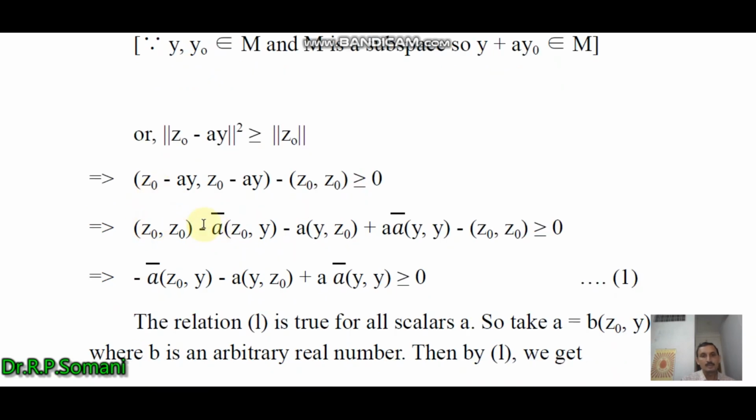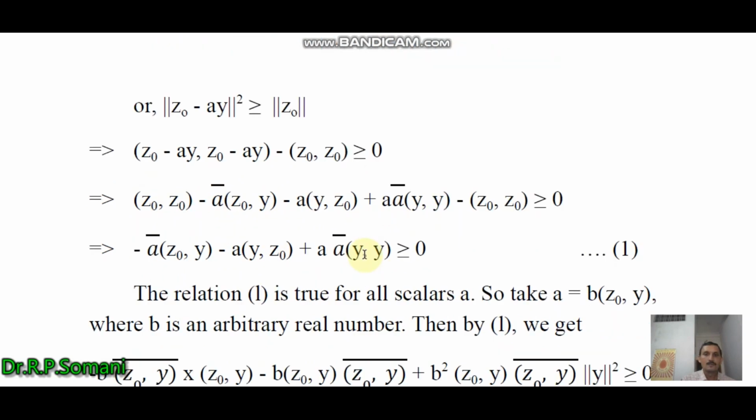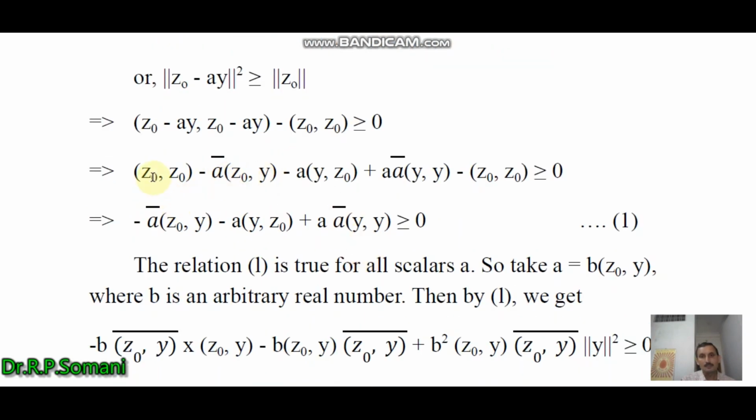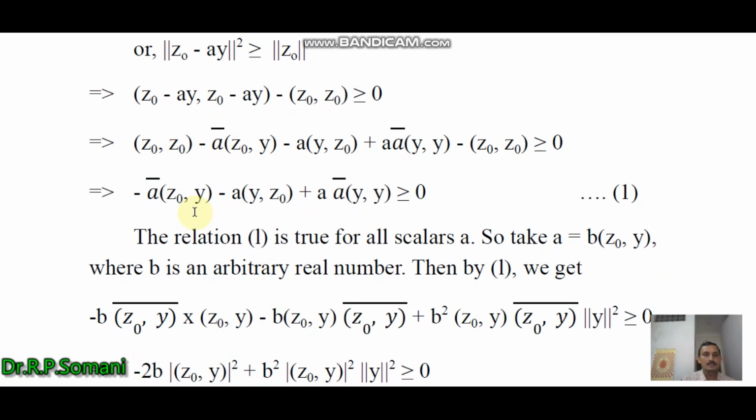We open this and obtain z0 z0 and so on, and cancelling the same terms we obtain minus a bar inner product z0 y, minus a inner product y z0, plus a a bar inner product y y, greater than or equal to 0. We denote this by equation number 1. So this relation 1 is true for all scalars a.